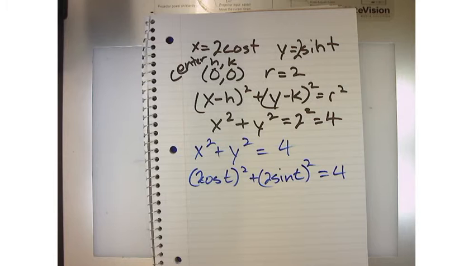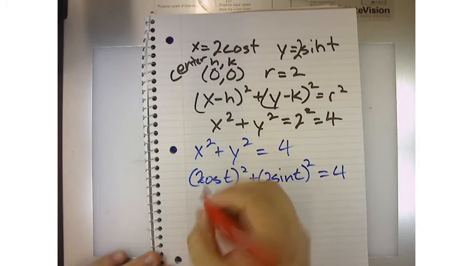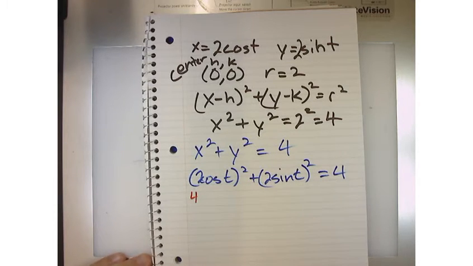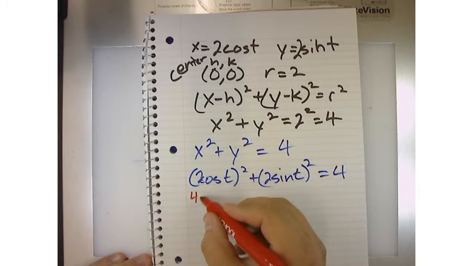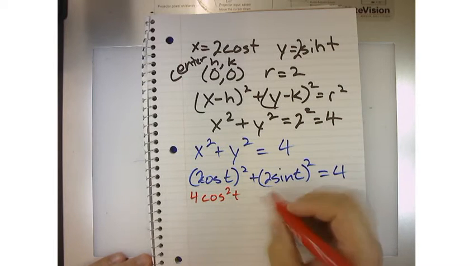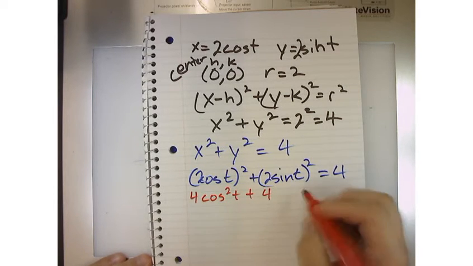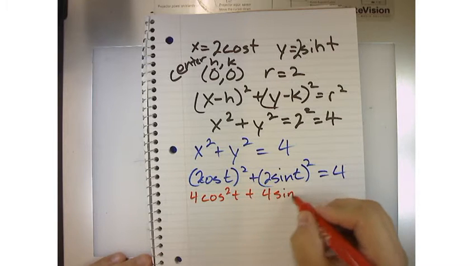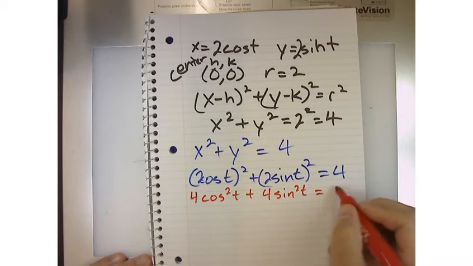Well, when I square that, really what I get is 4 cosine squared of t plus 4 sine squared of t equals 4.